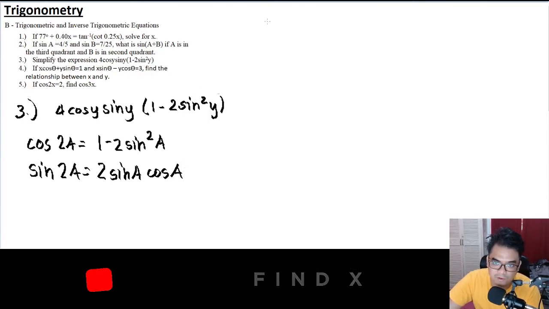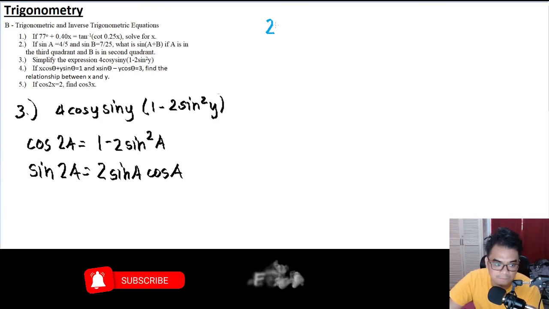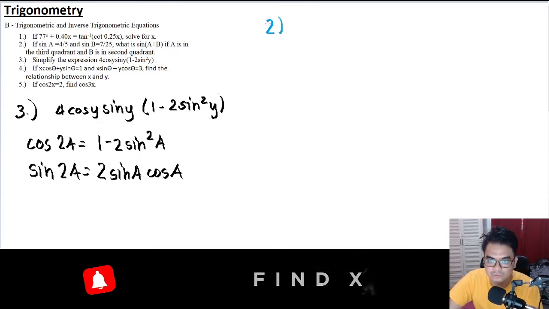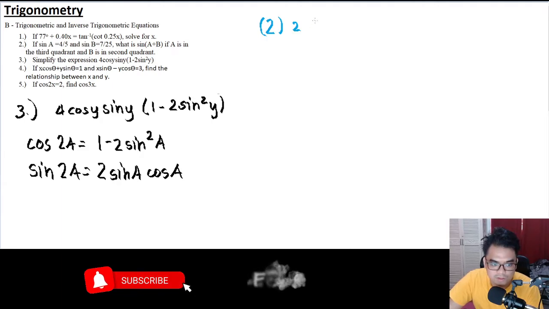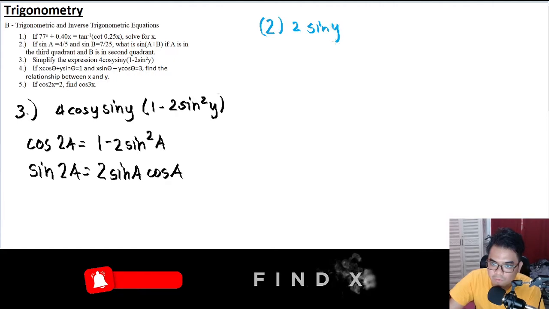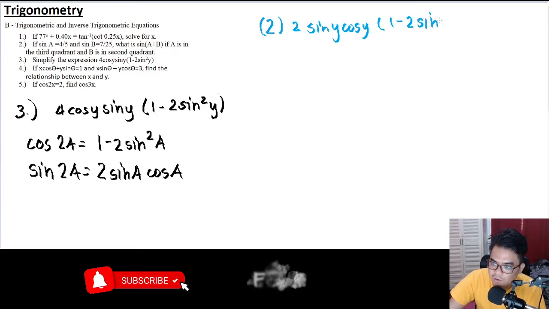If you rewrite the given, I'll try to factor the 4 out to 2 times 2, and then you'll have your 2. I just interchange the position of sine and cosine, so you'll have your sine y cosine y. So you'll be able to see it better, 1 minus 2 sine squared y.